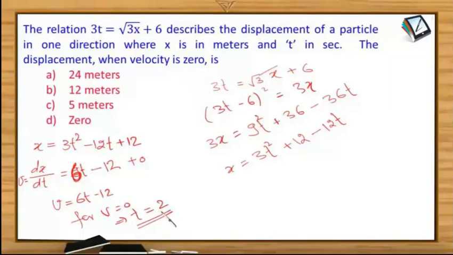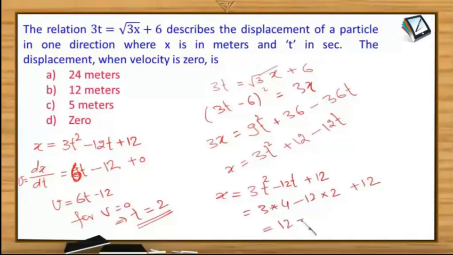Alright. So at this instant, what is the displacement? We can always calculate the value of x with this given expression. x is 3t² − 12t + 12. So it becomes 3 into t² which is 4, minus 12 into 2, plus 12. So it becomes 12 − 24 + 12, which is 0.